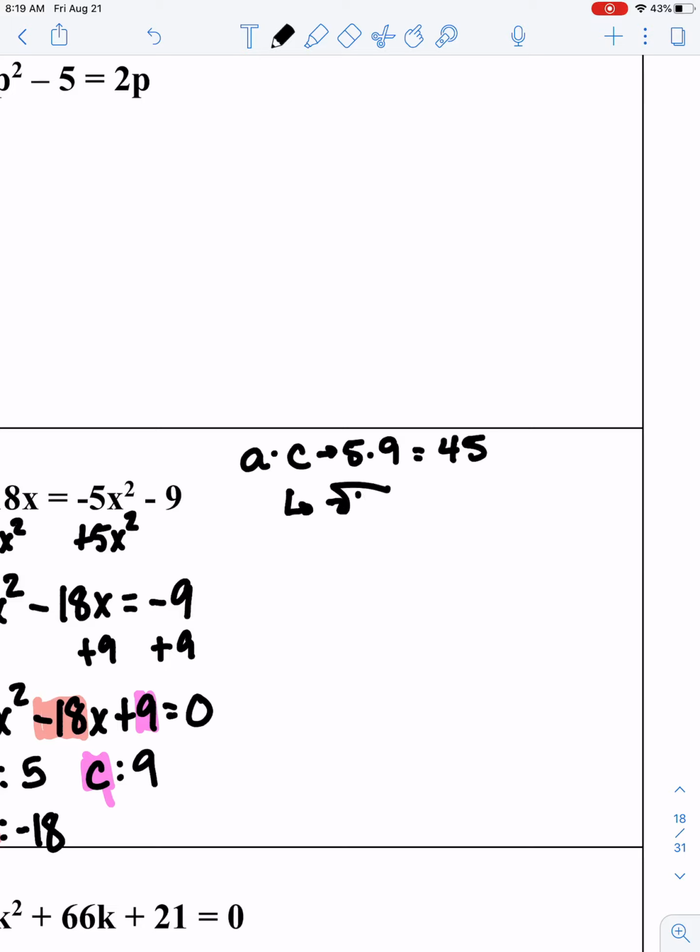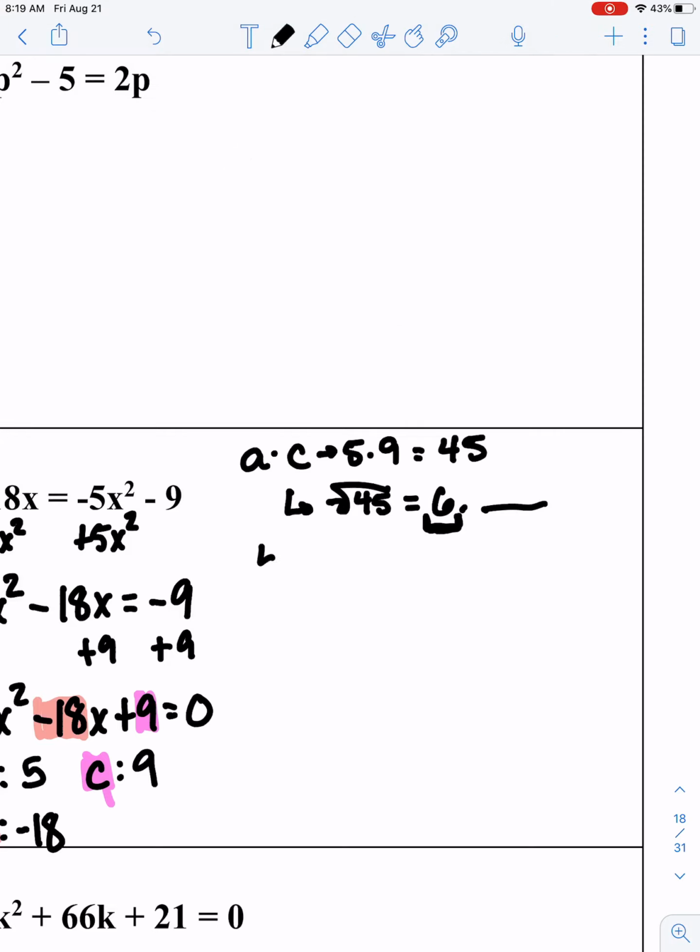So the square root of 45 is 6 point something, right? 6.8, 6.9. What this is going to tell you is you go up in factors to this number. You don't go past 6.